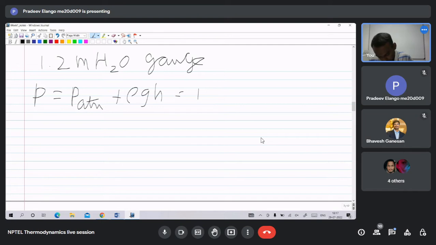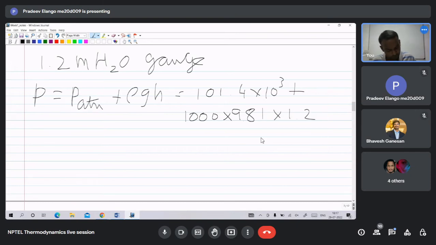Now atmospheric is 101.4 into 10 power 3 plus rho gh, and since it is water, the density is 1000 into acceleration due to gravity 9.81 into height 1.2 meters. So adding this up together we get 113.17 into 10 power 3 pascals, which is 113.17 kilopascal.